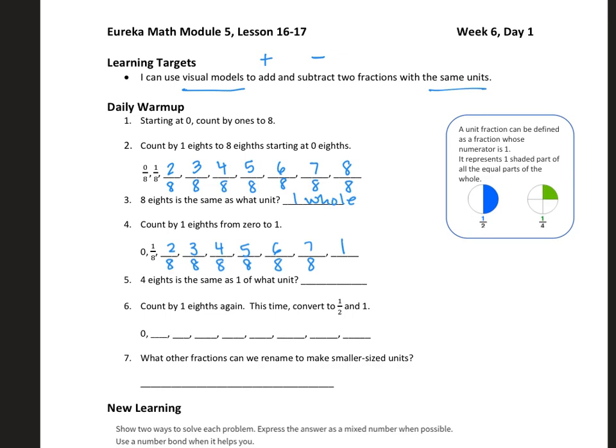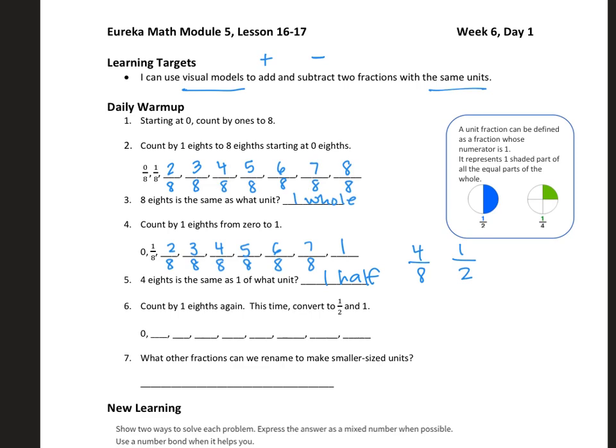Okay, next it says 4/8 is the same as 1 of what unit? So I want you to think about, okay, if we have 4/8, what is that the same as? It's the same as 1/2, right? It's the same as 1/2. And you could have written that in a fraction or in unit form like I just did.